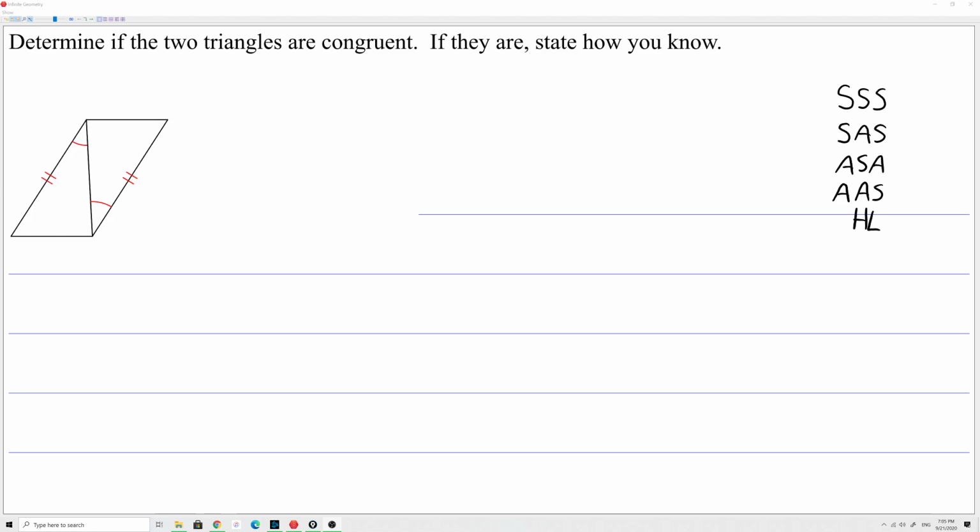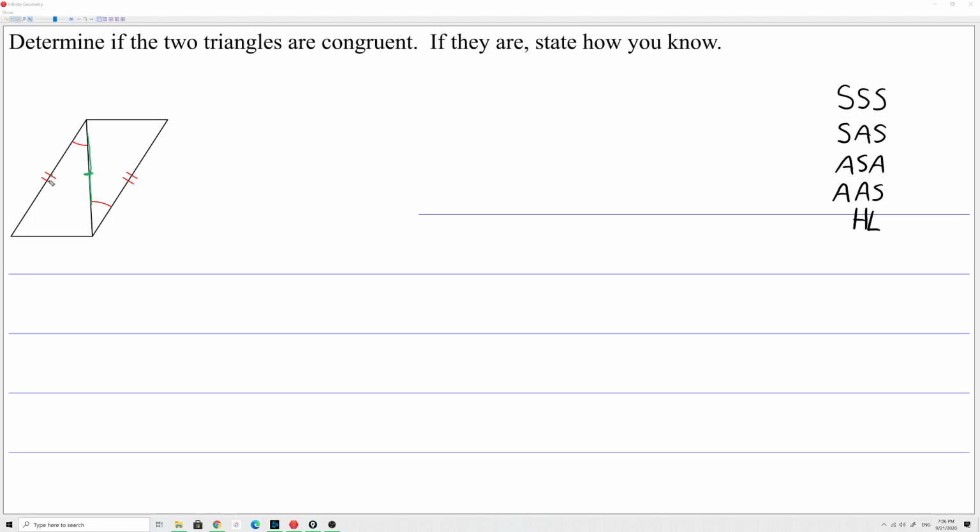So let's have a look at this first example. We want to know what information we already have about the triangles. The 2 triangles that you see in this picture have this side in common. This side that I'll draw the little green line through is a side in both triangles. That side is congruent to itself, so that's one pair of sides that we know.